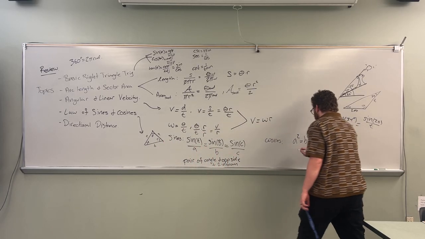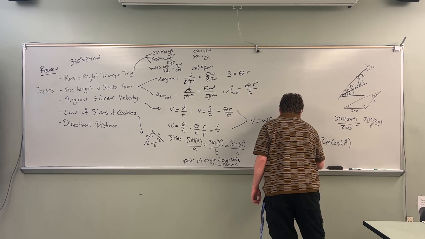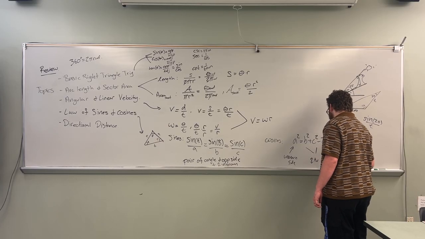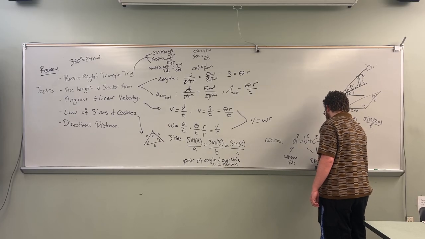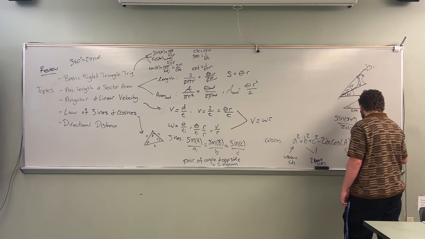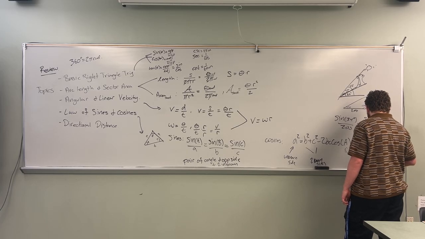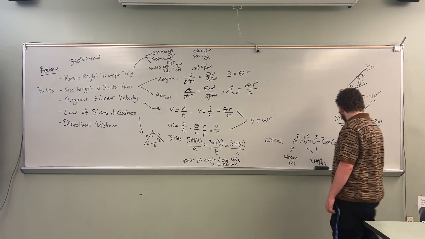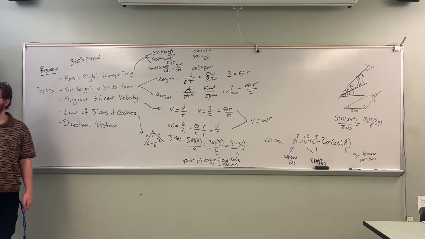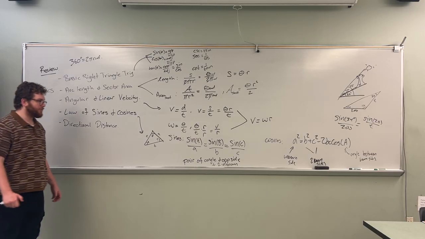Here we need an unknown side, two known sides, and the angle between the known sides. So different setups will give us different examples of which law we need to use.